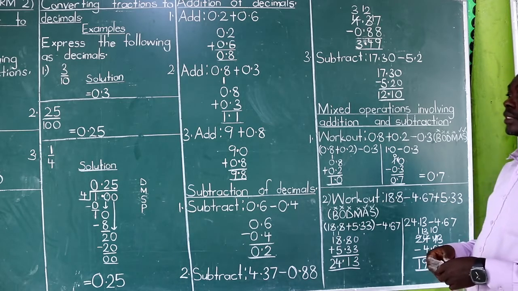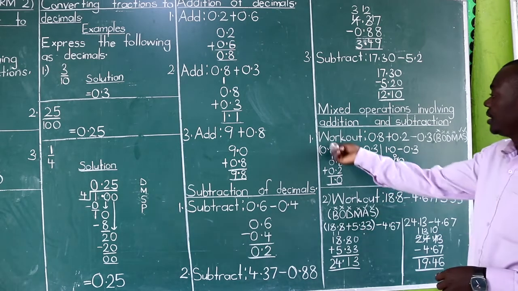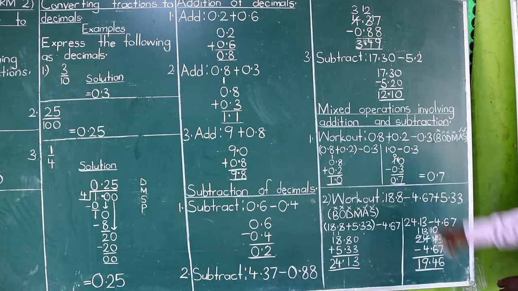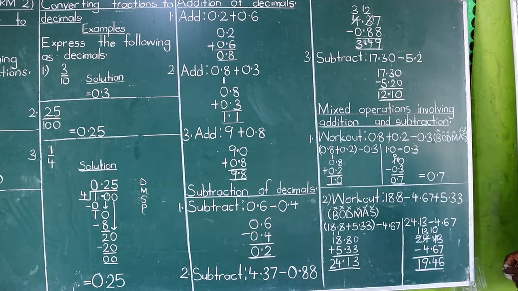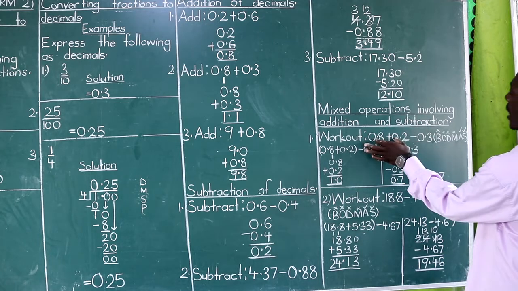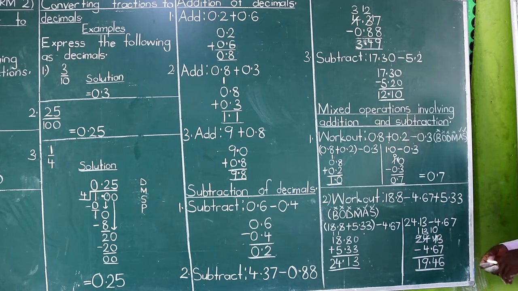Like you see, the first example, work out 0.8 plus 0.2, then minus 0.3. Here, one would wonder what to start with. Should I first subtract here? I don't know. Should I add here? I don't know. What should I do? So that answer is provided by the word BODMAS.